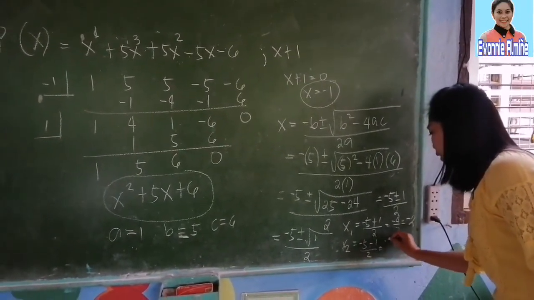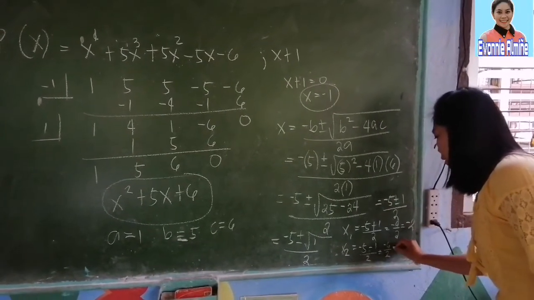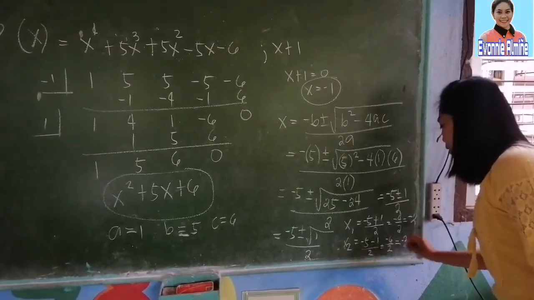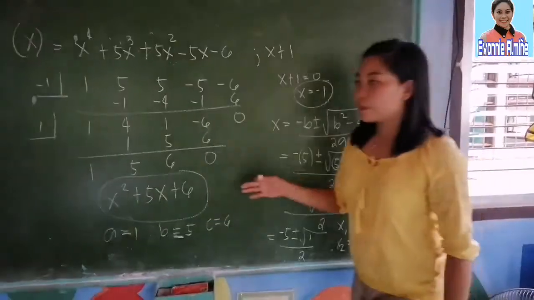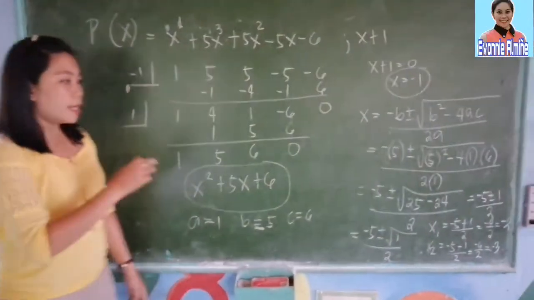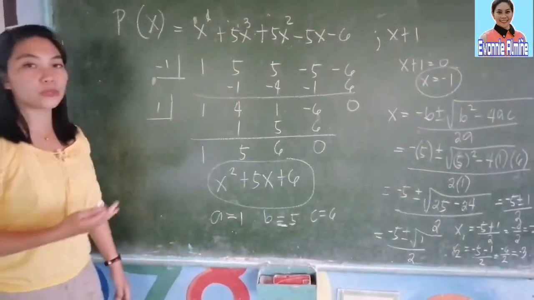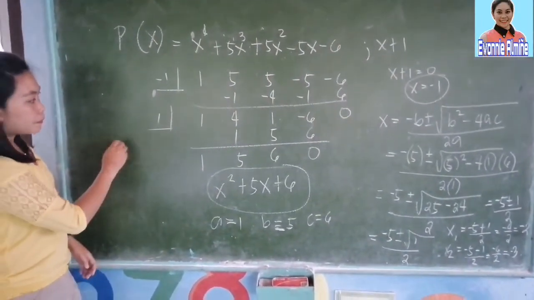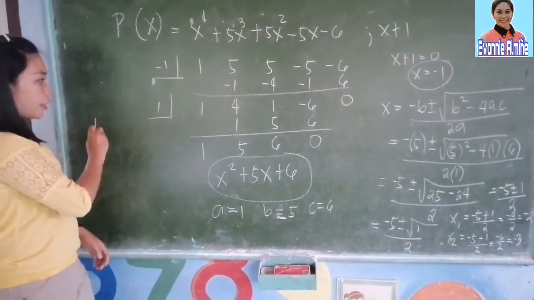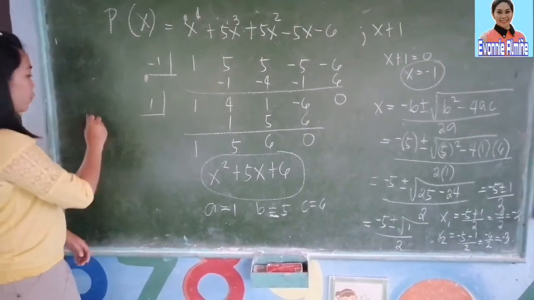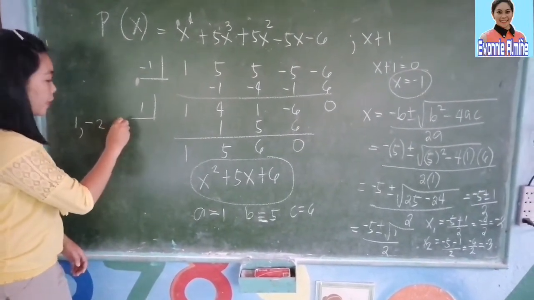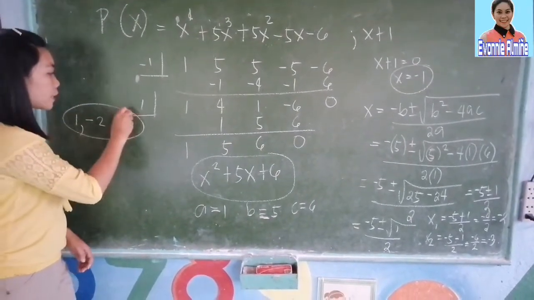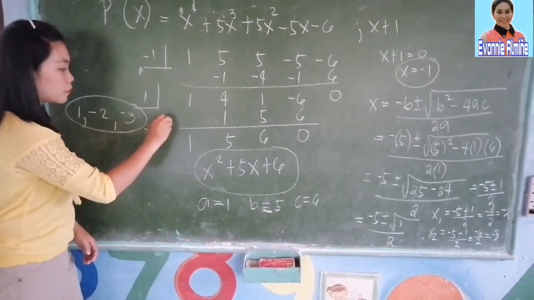So, you have negative 6 over 2. That is equal to negative 3. So, therefore, the other factors of our polynomial equation are, you have the roots 1, negative 2, and negative 3. Ang tawag po natin dito ay roots.